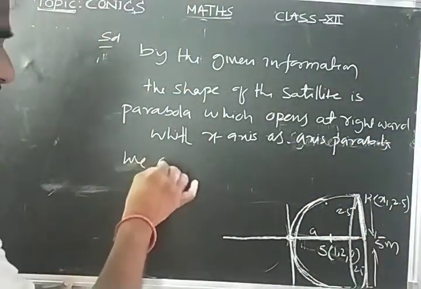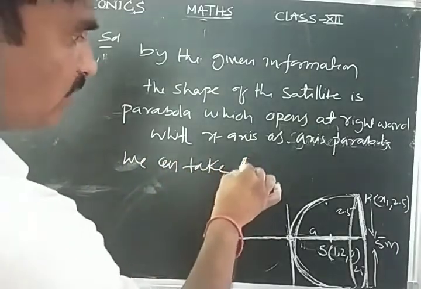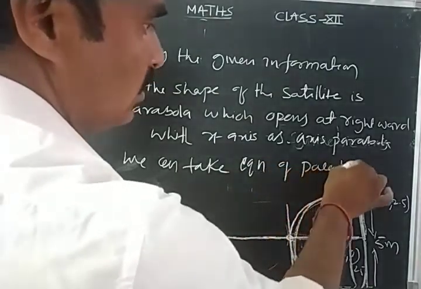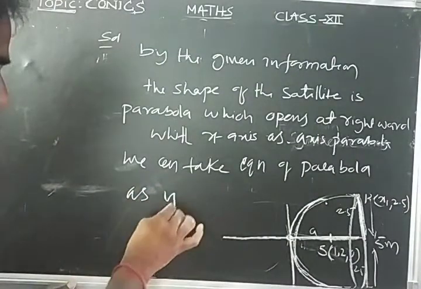Now we can take the equation of the parabola as y square equals 4ax.